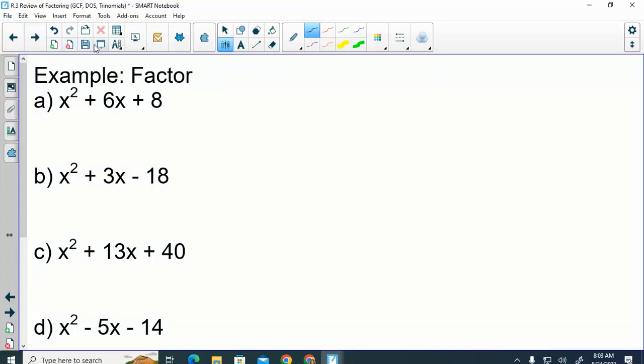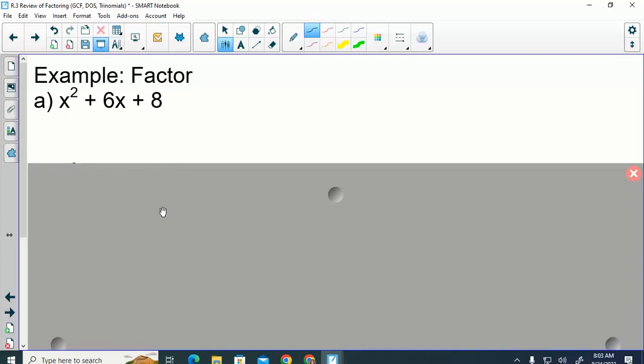So let's start with these. So this is a trinomial. We have 3 terms.